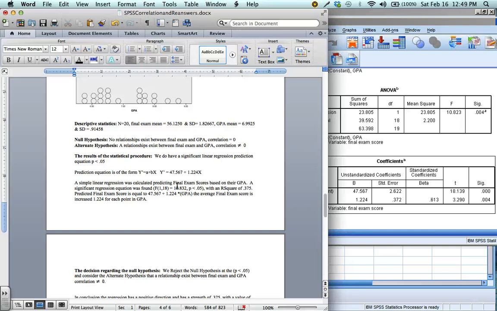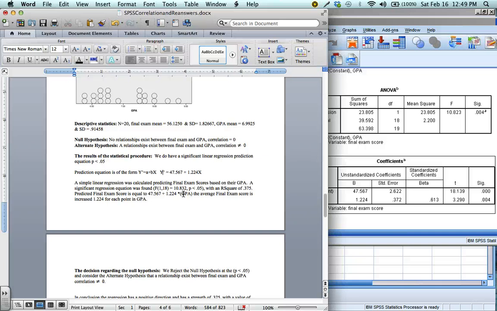So a simple linear regression was calculated predicting the final exam score based on their GPA. A significant regression equation was found where we have an F, and this is our degrees of freedom, 1 and 18, equal to 10.832, which was a significant value because remember our p-value here was 0.004, with an r squared.